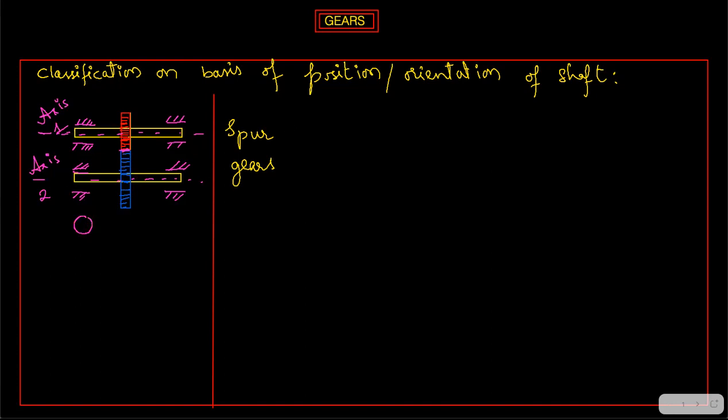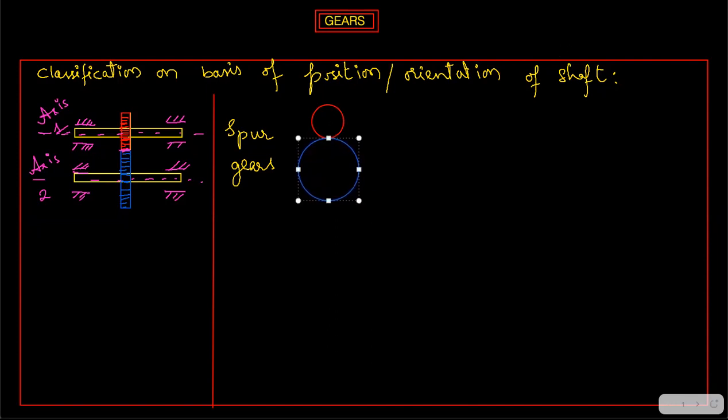So if you see, I'll just show it sidewards. Over here I'll show it. So this is the smaller gear, this is the larger gear. Fine. This is some other view which we are showing over here. Okay, I'll use the same colors. So this is the smaller gear, let's say, and this is the larger gear. Fine.